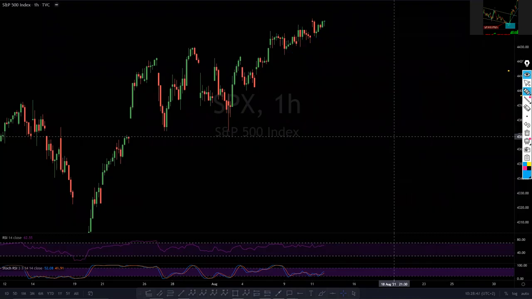So the preferred structure here would be a clear pullback, such as this one here, a clear pullback in the form of a zigzag, something like this, before we take a move to the upside. Because this could just be a leading diagonal, a 1, 2, a 3, 4, 5. You find that it's doing this and it wants to pull back lower before we get that move higher.